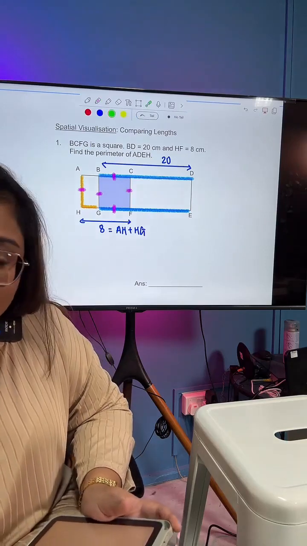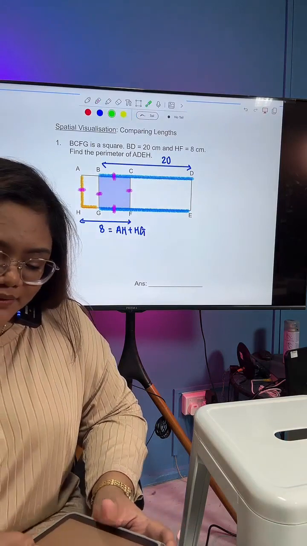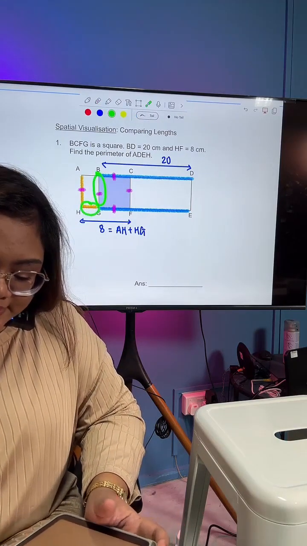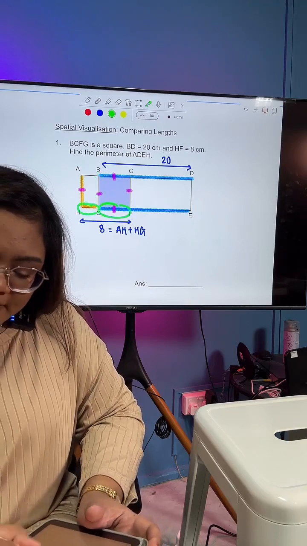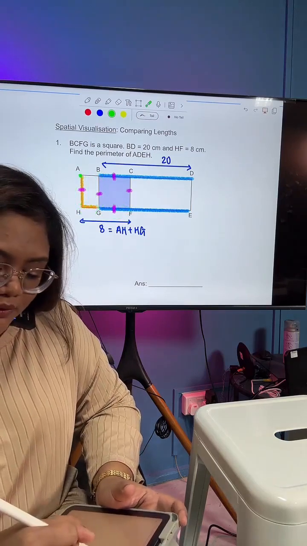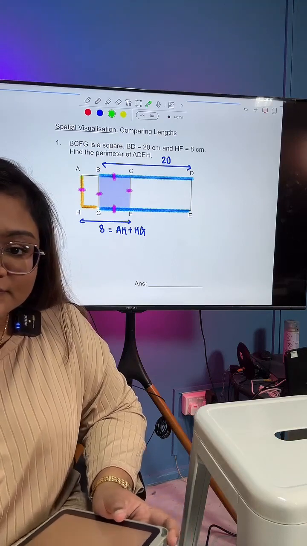Everybody can understand? So one length of the square plus one short side will give you 8, which means this part and this part is 8. Therefore, this part and this part is also 8 because they are equal. Can follow so far?